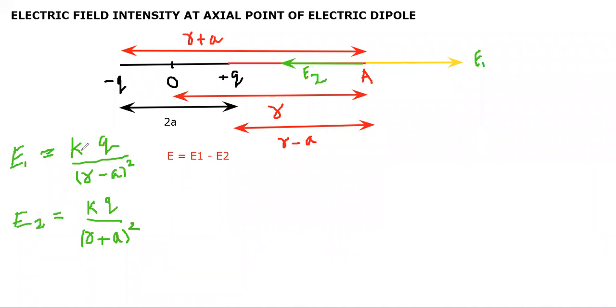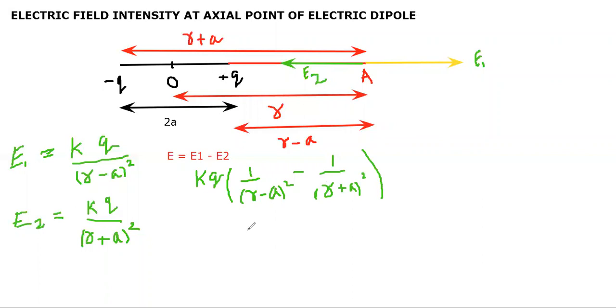As you can see, there are some common things in E1 and E2, that is kq. So while subtracting, we can take common kq. What I'm left with? I'm left with 1 by r minus a whole square minus 1 by r plus a whole square. Now you have to take LCM and solve.